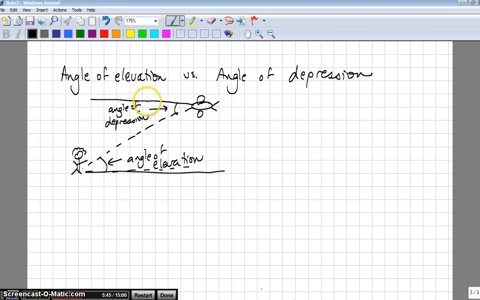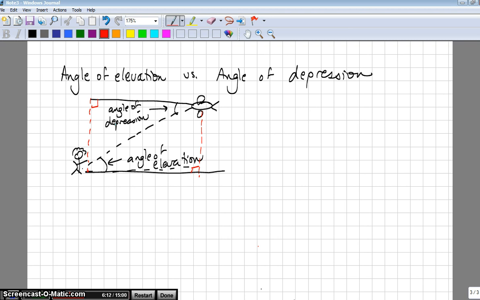The reason why we use these in trigonometry is because whenever we have an angle of elevation, there is a right triangle formed. The height of the bird with the ground would form a right angle. And also, if the bird was looking down at me, the angle formed with the horizon and the height that the bird is from me also forms a right angle. So we have two different right triangles here.